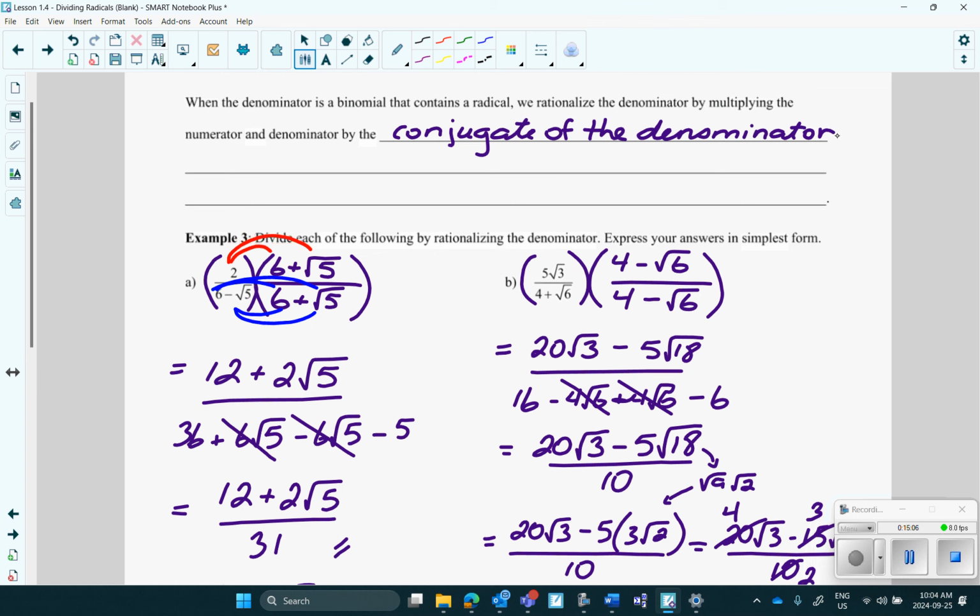Remember, conjugate of a binomial means same terms, opposite signs.